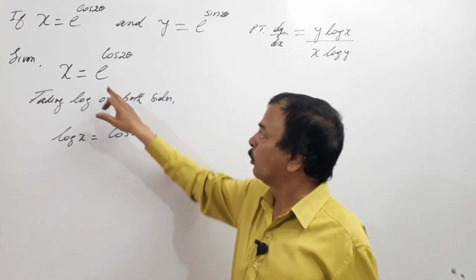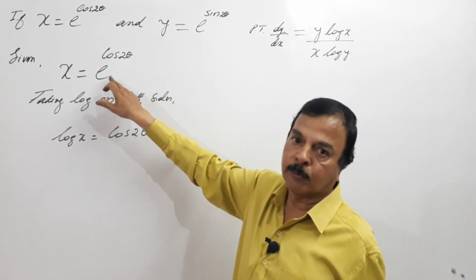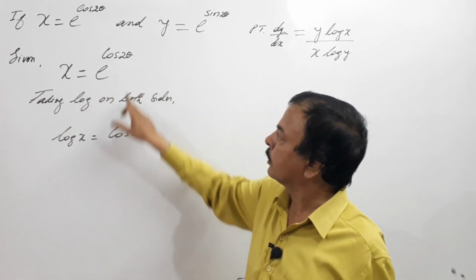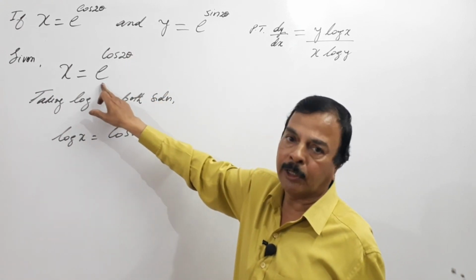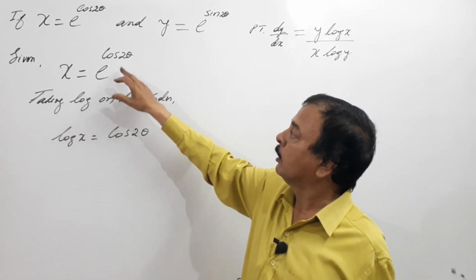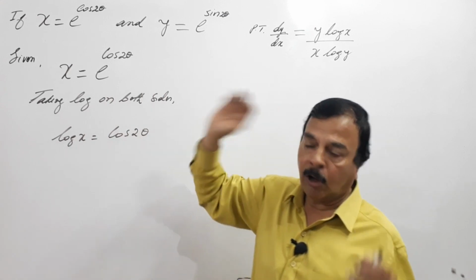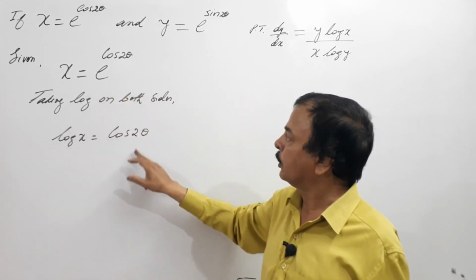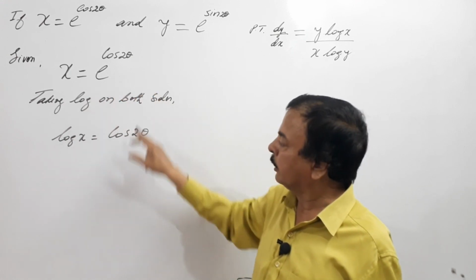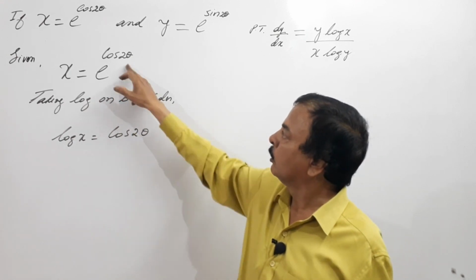Whenever you have an exponential, something to the power of something, when you take log, you straight away take the power. Don't write log e. Anyway, log e to base e is 1 only. The moment you take log for an exponential, whatever is in the power, take that directly. So log x equals cos 2 theta.